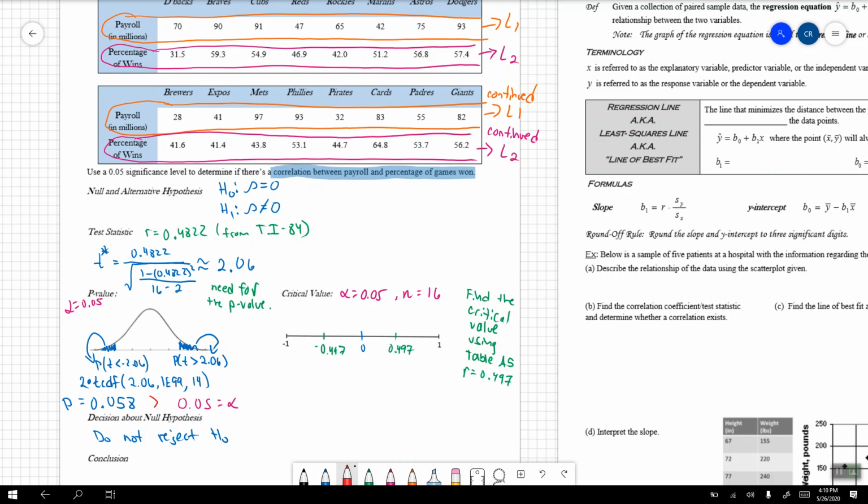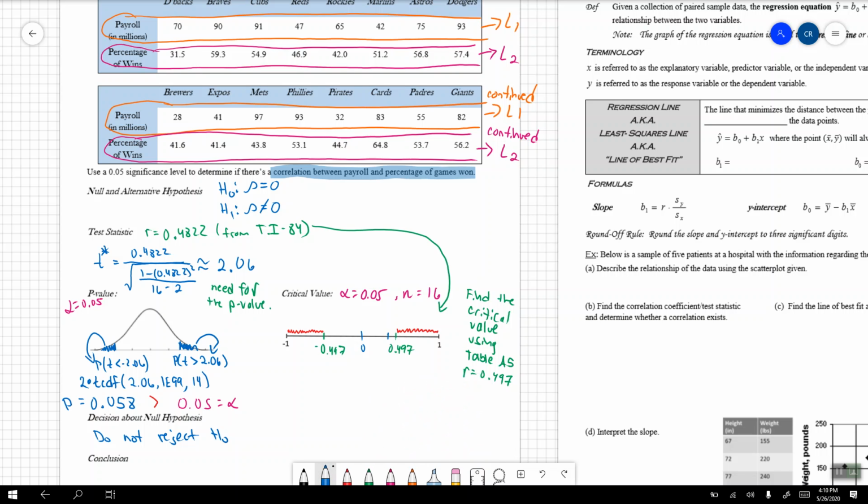And remember, anything that falls to the left of this is my quote-unquote friend zone. Anything that falls to the right is, again, quote-unquote the friend zone. If the test statistic falls within that region, then we reject. The value that we're looking for is from the TI, which is 0.482.